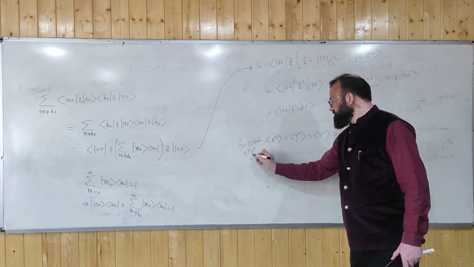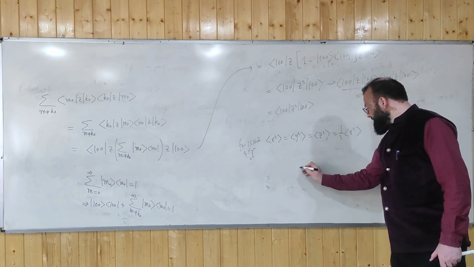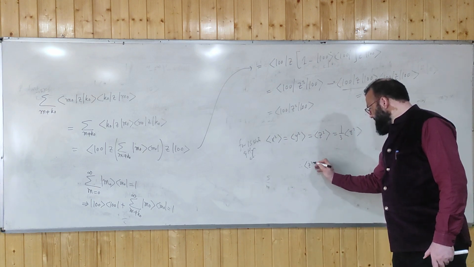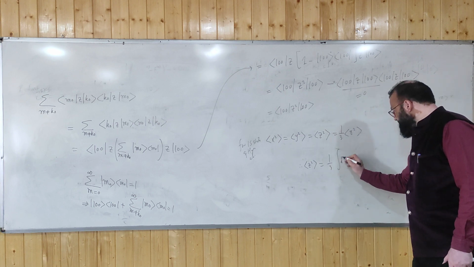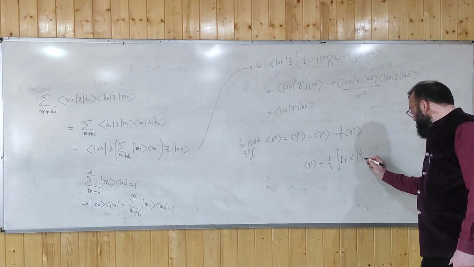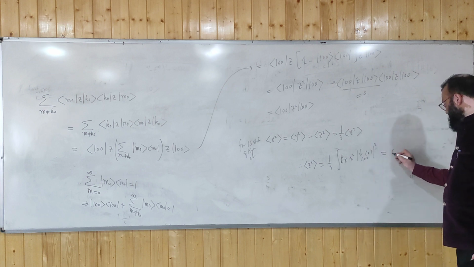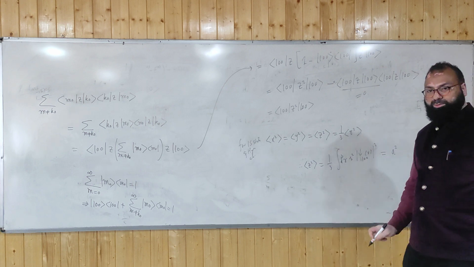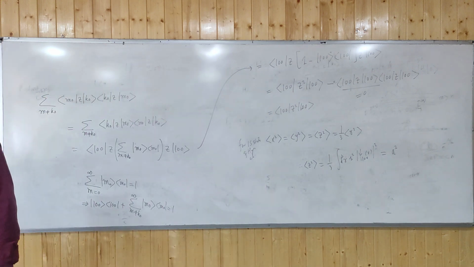Clear? Therefore I can write this z squared as 1 by 3 r squared. It will be simply equal to the integral d3r r squared mod psi 100 squared. And you calculate it, it will be simply equal to a squared, where a is the Bohr radius. So r squared will be simply equal to the Bohr radius squared. Clear?